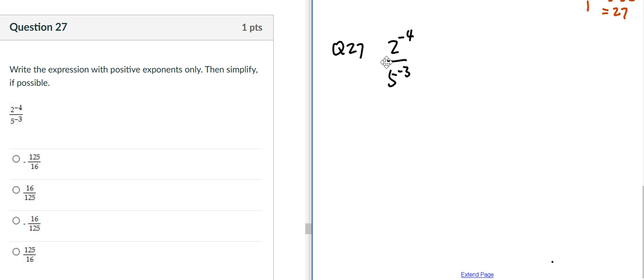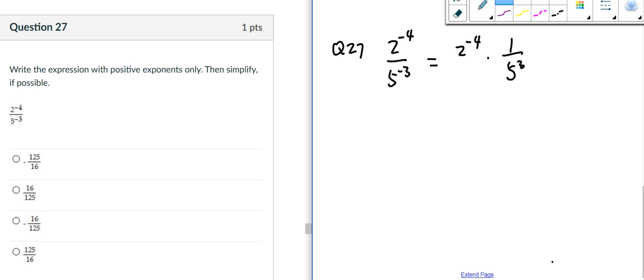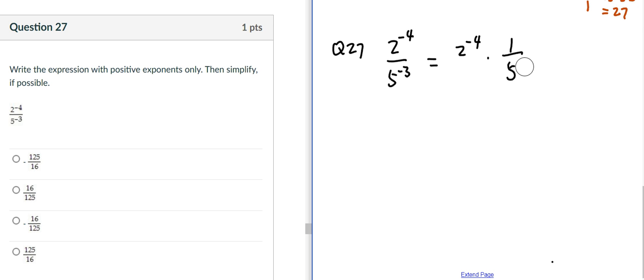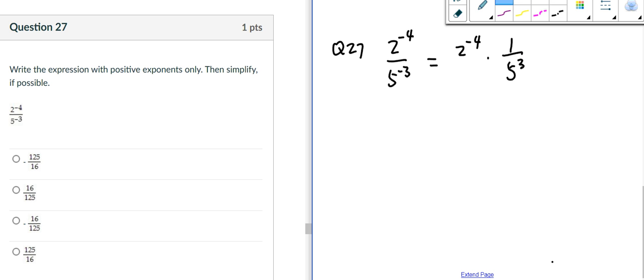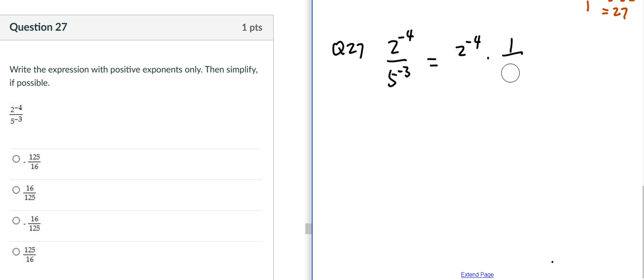That's not hard. You may write this one separately, right? Let me write this one better. So like that.